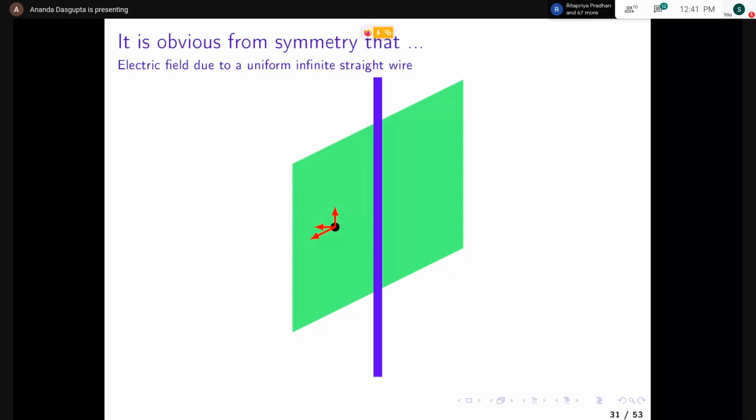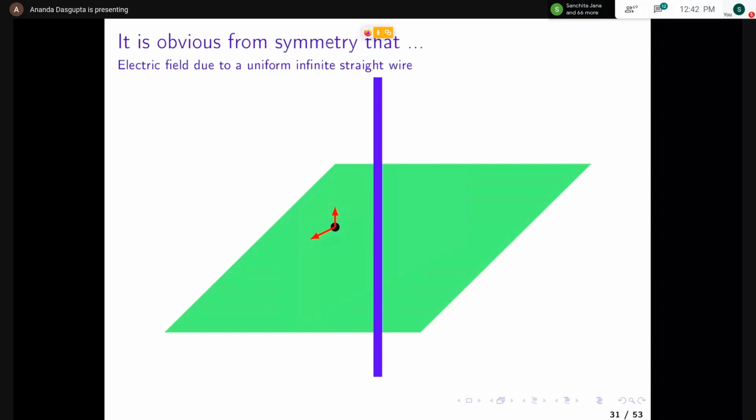So the component perpendicular to the mirror, in this case the cross radial component, that must have been 0, because if it were there, I would be able to tell whether I have reflected, and I should not be able to tell. Well, now I have two components, the radial one and the vertical one.